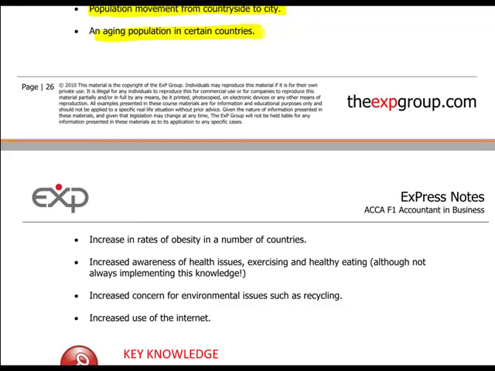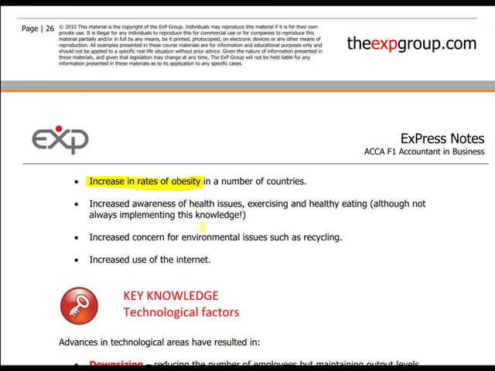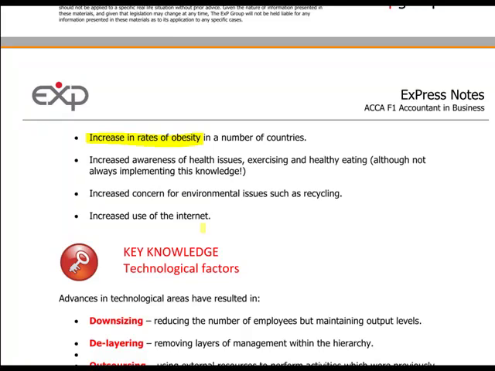Increase in rates of obesity. In a number of countries, people are getting bigger. People are being overweight. This can cause problems with health issues, health services looking after these people. At the same time, there's also a general increase in awareness of health issues.